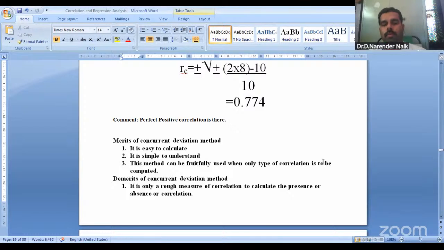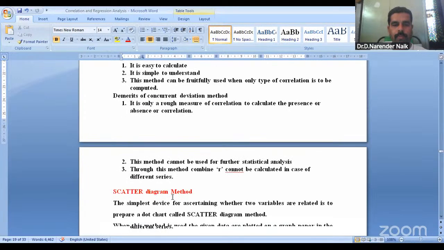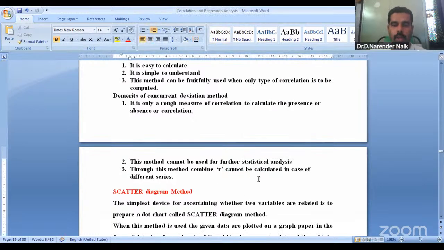The demerits of the concurrent deviation method: it is only a rough measure of correlation, to calculate the presence or absence of correlation. This method cannot be used for further statistical analysis. Also, through this method, combined r cannot be calculated in case of different series.